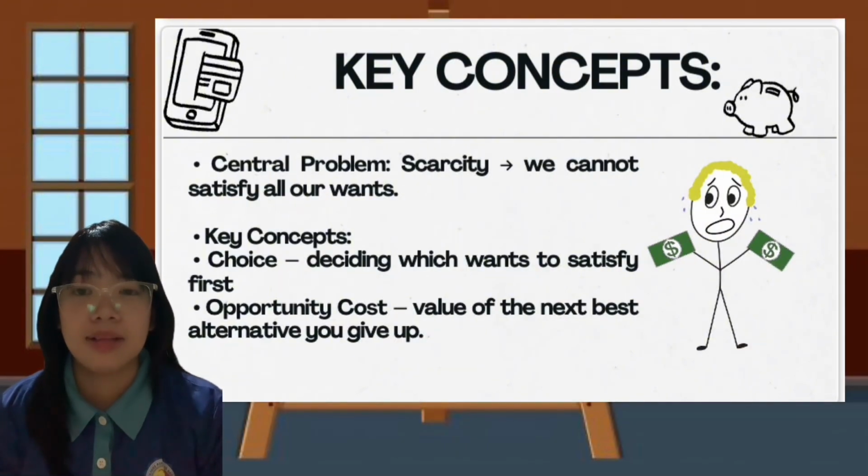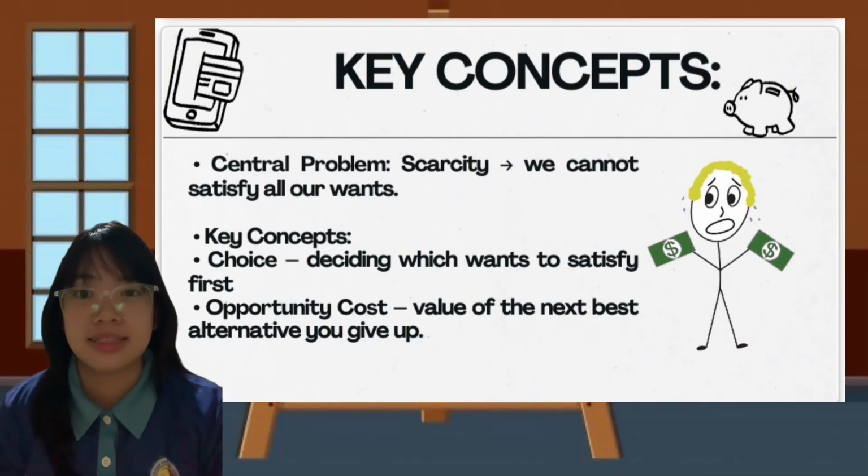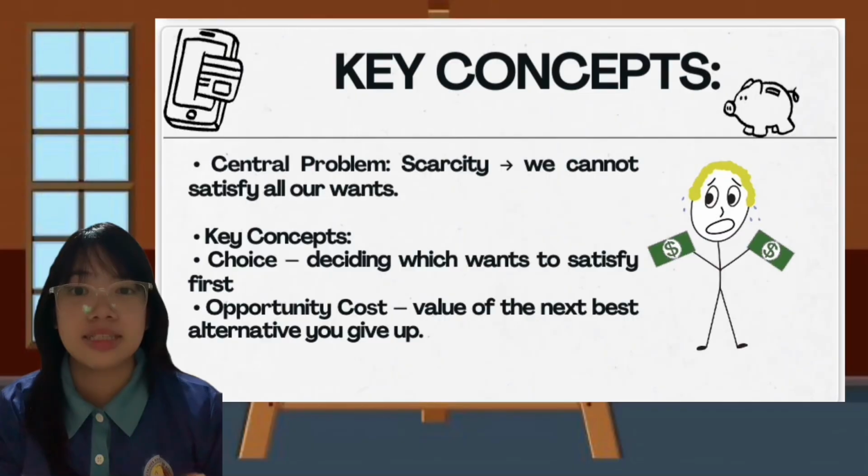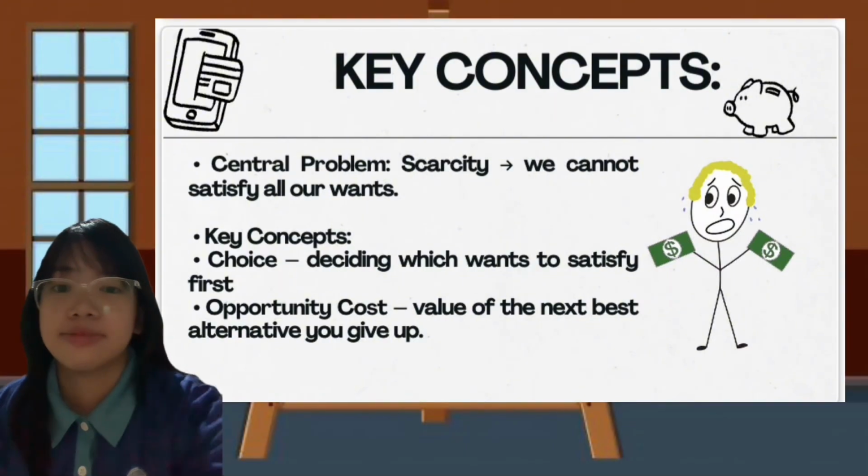Understanding this helps explain everyday decisions and government policies. Example, if a student uses their allowance to buy load instead of snacks, the opportunity cost is the snack they gave up. This shows how scarcity forces people to prioritize needs and wants.